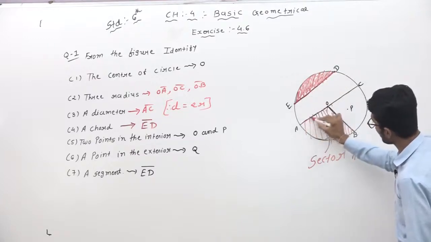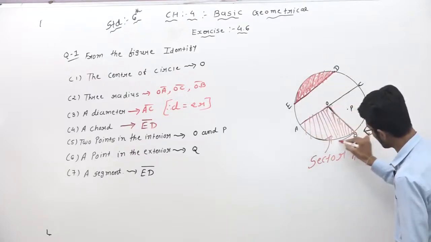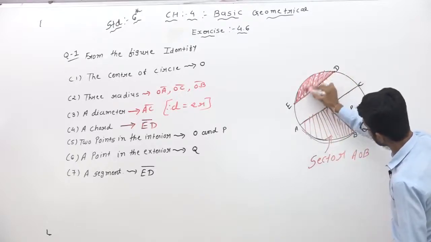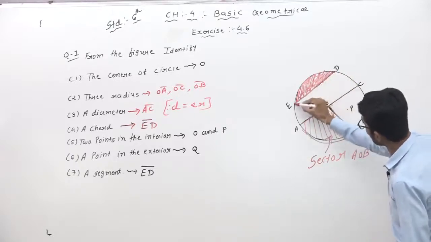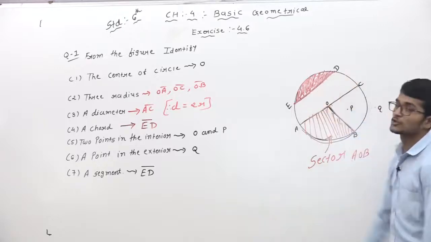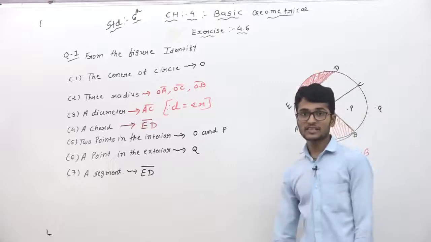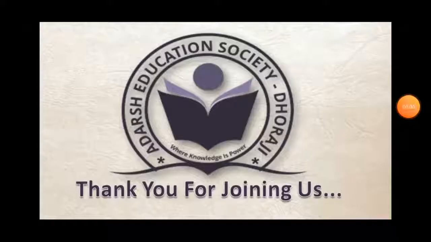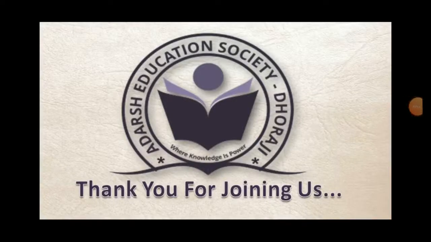Here 3 points are used to make the figure, it is called the sector. The region with a chord and an arc is the segment, and only 2 points joined is called a chord. Understand? Clear? Okay. Thank you for joining us.